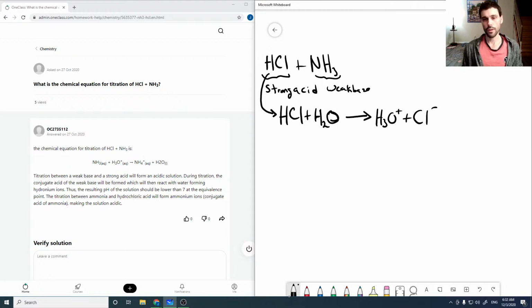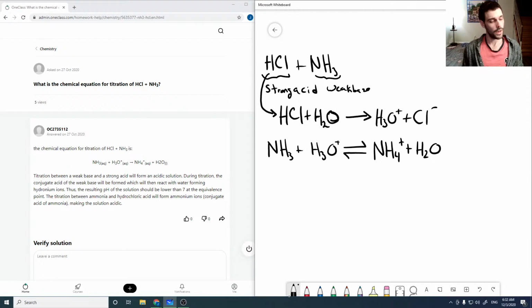And so the entirety of HCl will give us our H3O plus and Cl minus ions. So in the end, what we have is NH3 reacting with H3O plus, in our usual double arrow scenario, to give us NH4 plus plus H2O. And so the titration goes until we match our H3O plus concentration that arises from HCl.